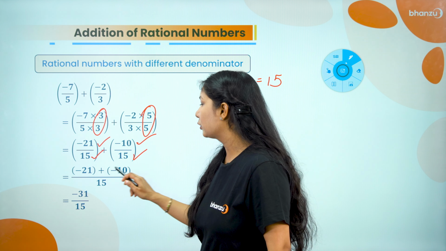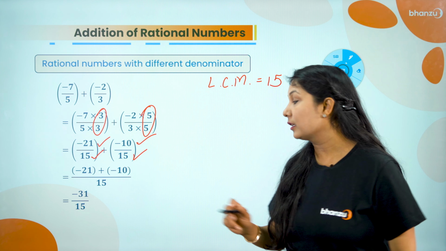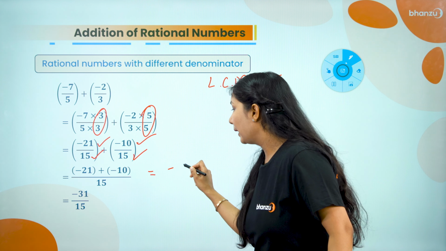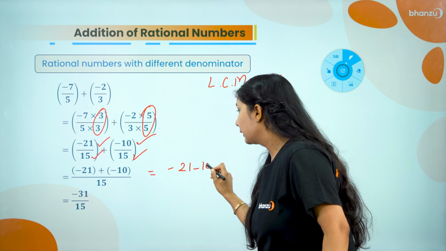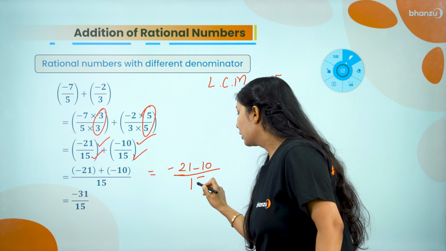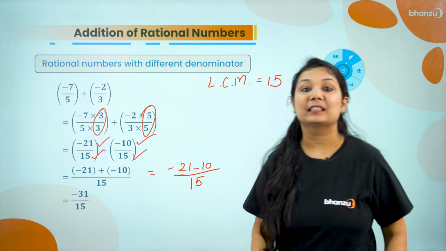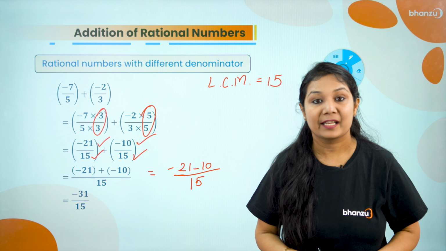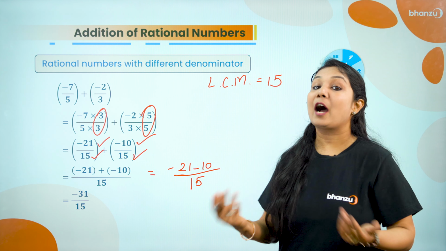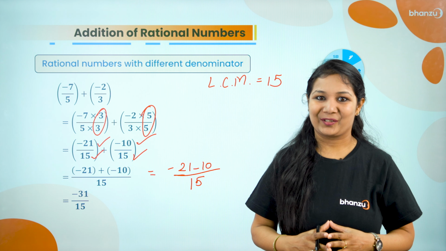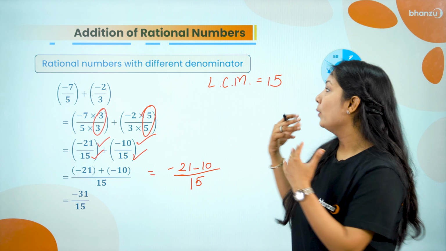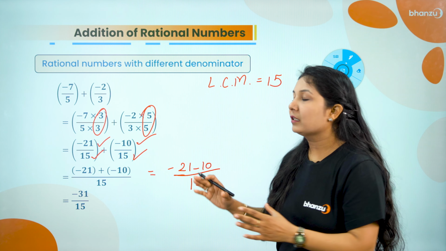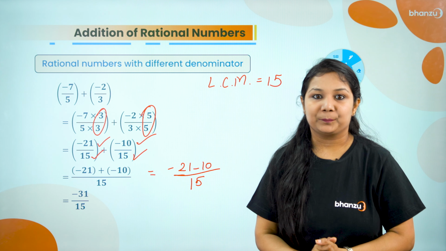Minus 21 plus of minus 10 integers, we would get minus 21 minus 10 by 15. So what's that? That is minus 31 upon 15. So again we had made the denominator same and got the answer. How? By adding the numerators. So this is how we work on when the denominators are same and when they are different.